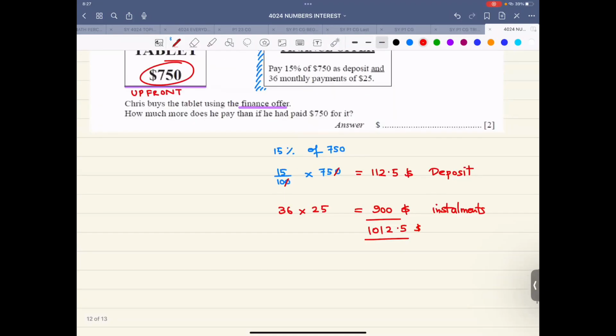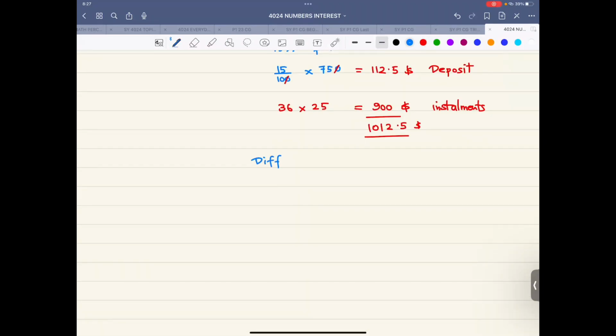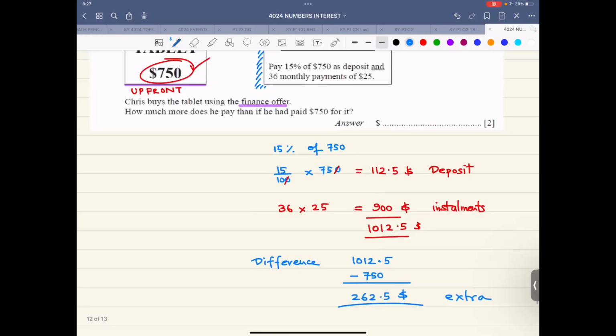And upfront would be $750. So the difference is $1,012.50 minus $750. This comes out to be $262.50. This is how much more he had paid for it.